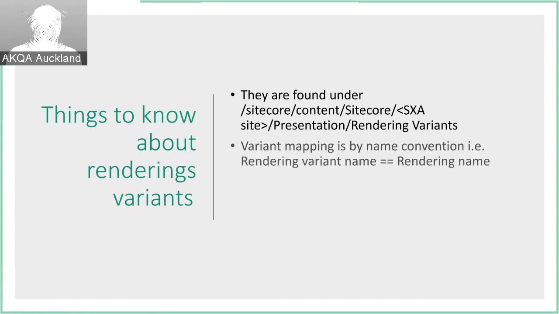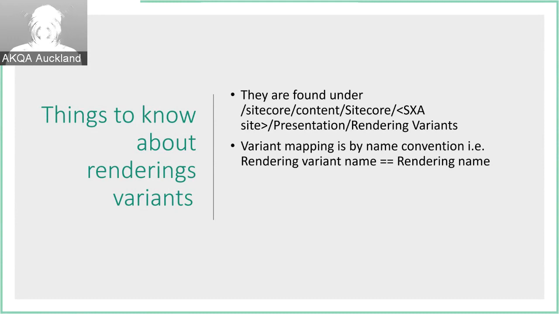The other thing is that the rendering name is equal to the rendering variant name. There is no mapping from the rendering itself to the rendering variant. From the rendering, you cannot say, use this particular variant. They have made it by convention, the naming convention.